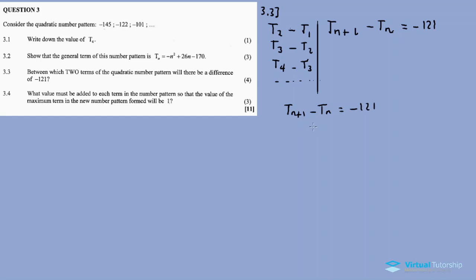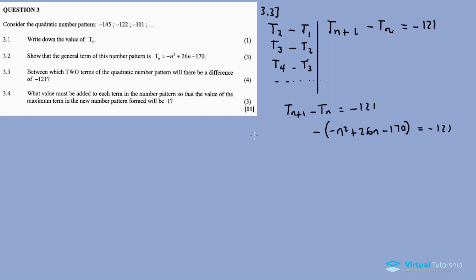Check again. Minus Tn is calculated on the previous question. Ngifake in bracket, it's minus n squared plus 26n minus 170 equal to minus 121.